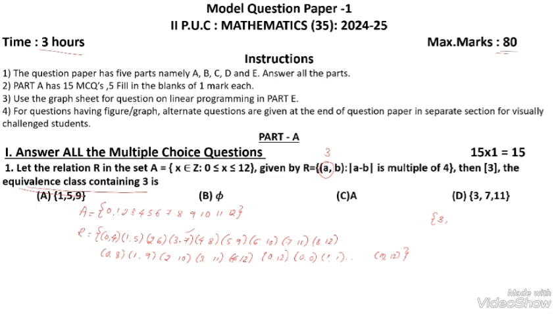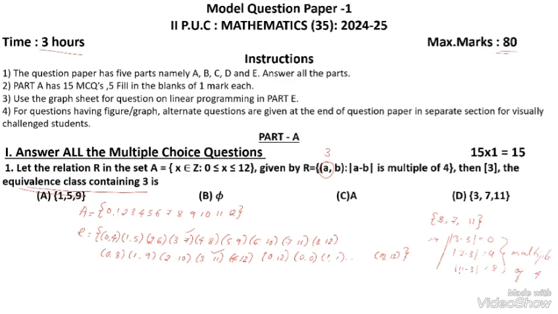Again 3 comma 7: 7 minus 3 is 4, which is a multiple of 4. Then 3 comma 11: 11 minus 3, we get 8, which is also a multiple of 4.